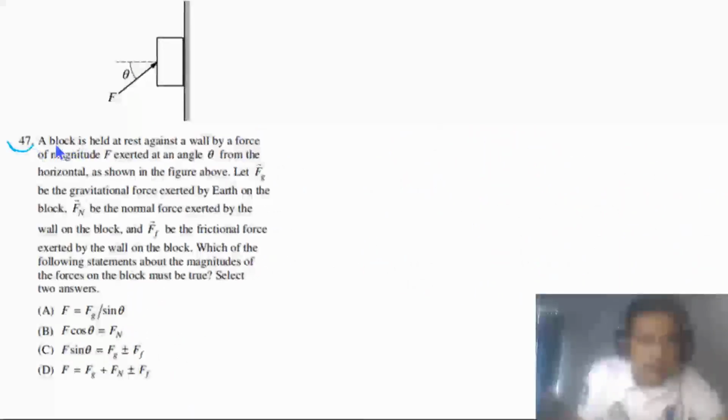Question 47 says a block is held at rest against a wall by a force of magnitude capital F exerted at an angle theta from the horizontal, as shown in the figure above. Let F sub G be the gravitational force exerted by Earth on the block, F sub N be the normal force exerted by the wall on the block, and F sub F be the frictional force exerted by the wall on the block.